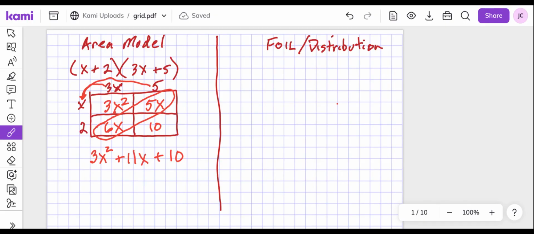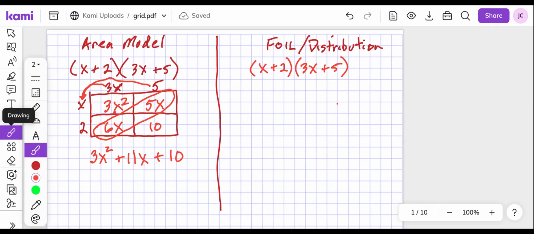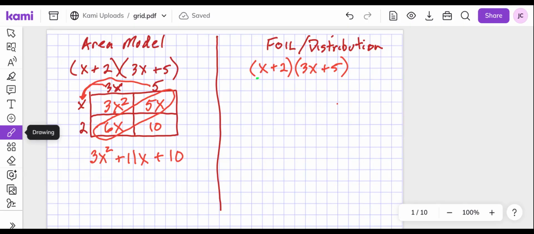And now let's take a look at foiling or distribution. I'm going to use the same one. And so the idea here is I'm going to distribute each of the terms in the first binomial. Each of those terms will get distributed to each term in the second.